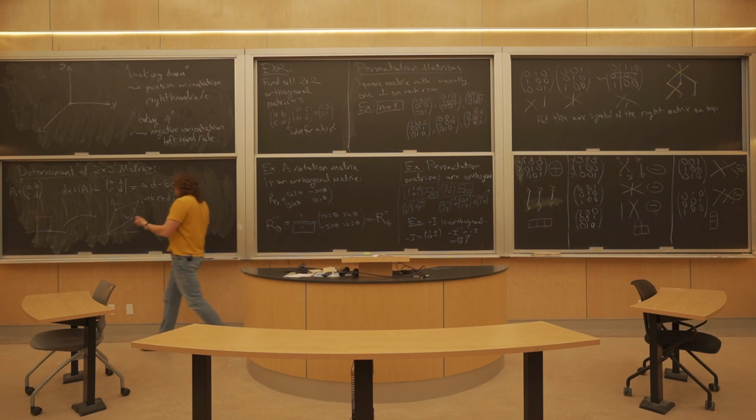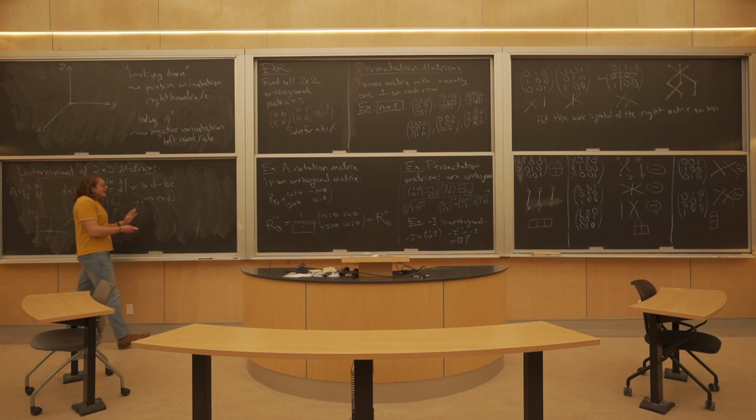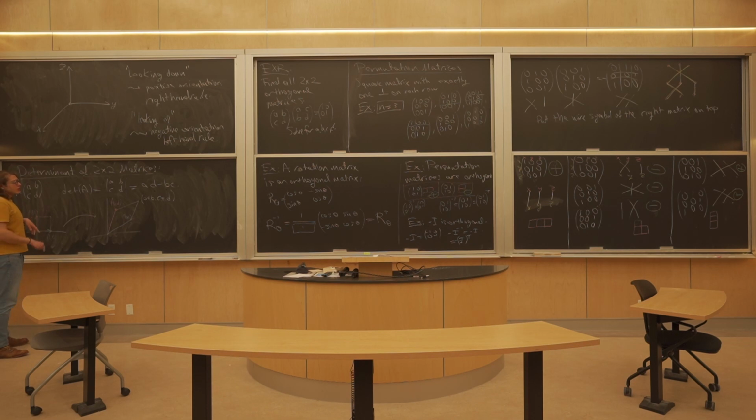I change the chirality of the system. Instead of going clockwise, now I'm going counterclockwise. So, better to say that the determinant of a matrix is the signed area of the parallelogram that is the image of the unit square under A.